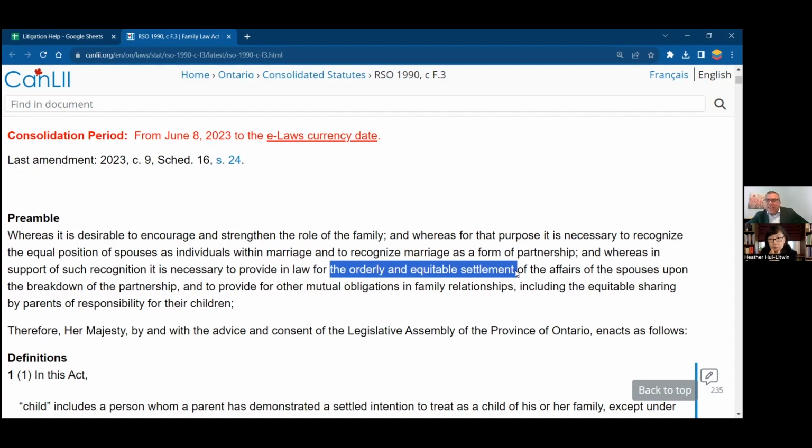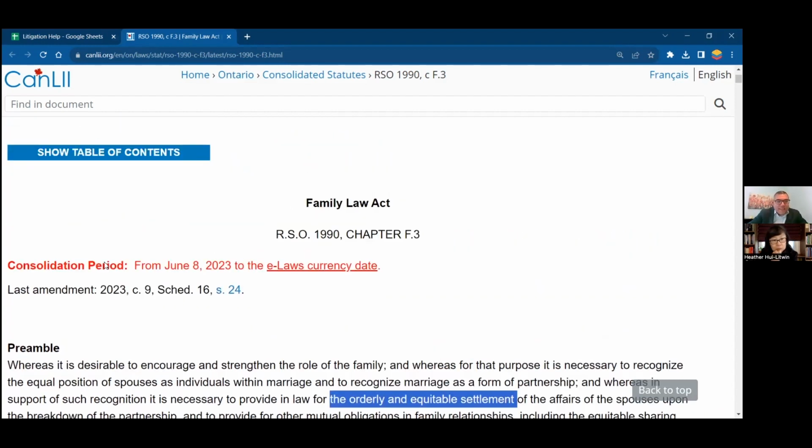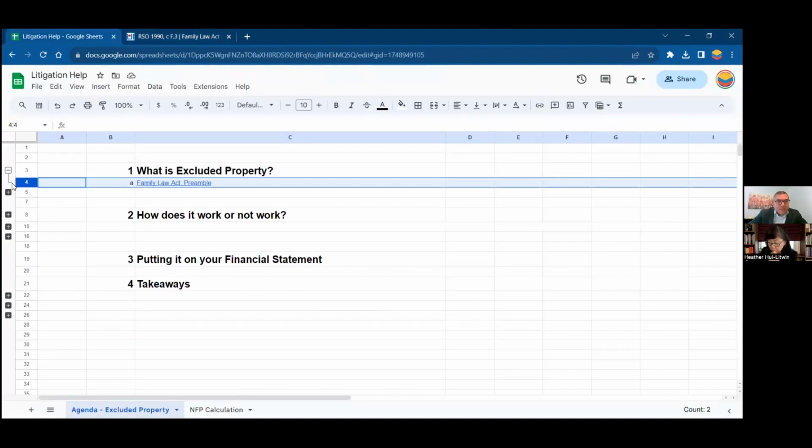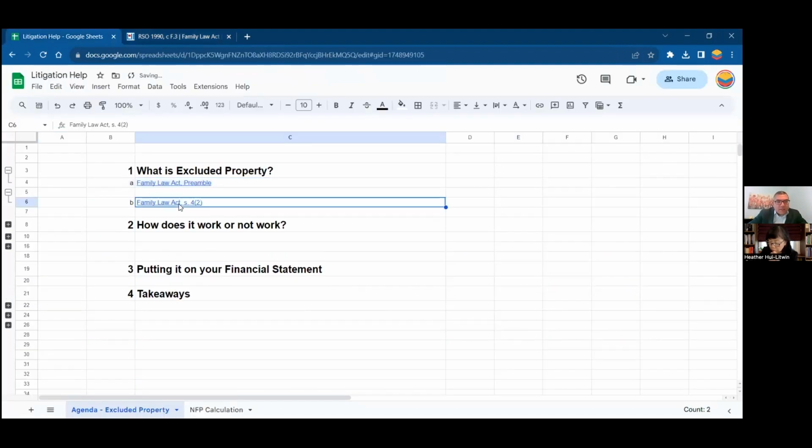And so that equitable law is still there, and it's going to come out in this discussion of excluded property. Okay? And so we can then scroll down to the actual section for excluded property.